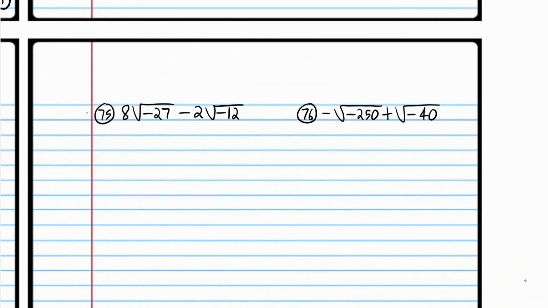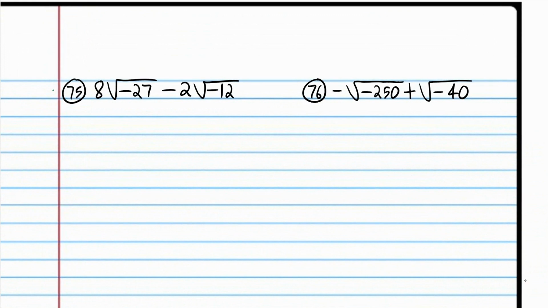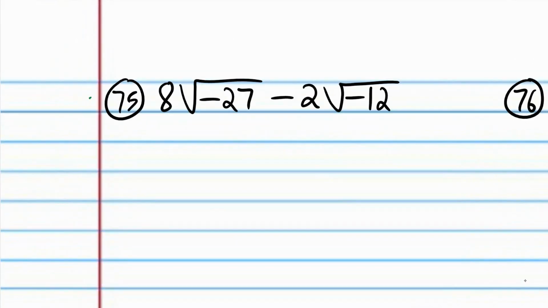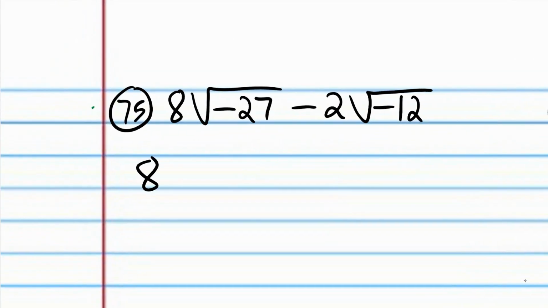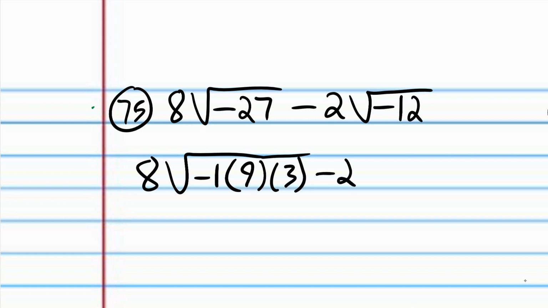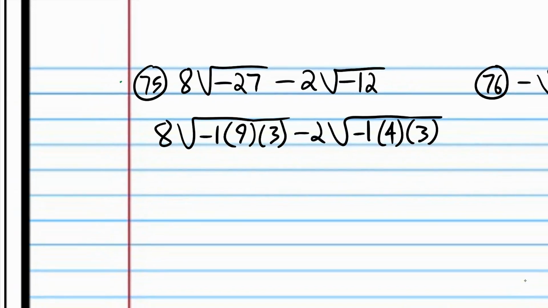All right, so go ahead and try 75, and when you come back, we'll do it together. All right, we're back. So we're going to factor. And we have to factor the negative 1 out, too.